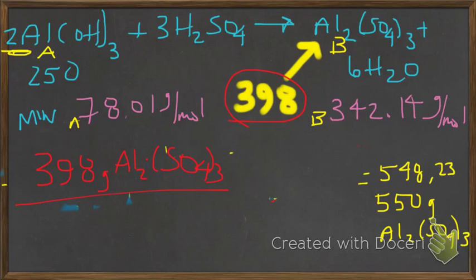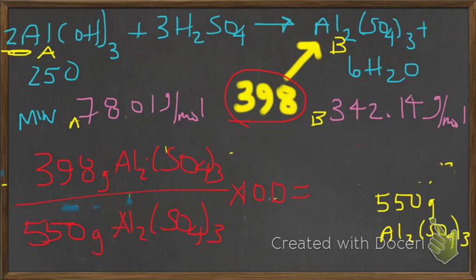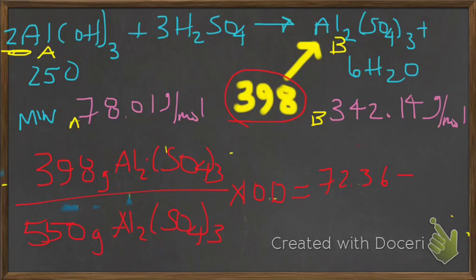So we divide that by the theoretical yield of 550 grams of aluminum sulfate. Notice the units cancel out. There should never be units left on percent yields. Multiply everything by 100, and we get 72.36, which with significant figures would be 72%. So we have a 72% yield.